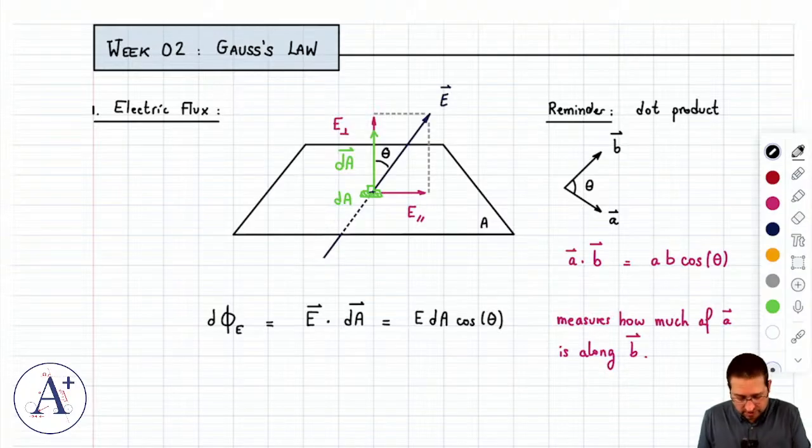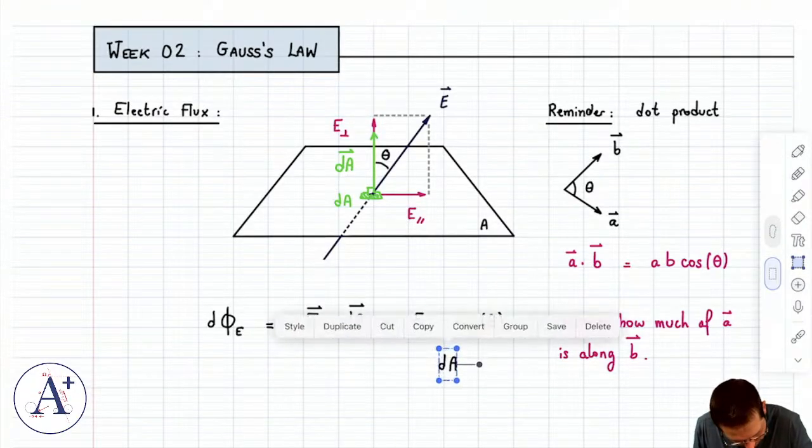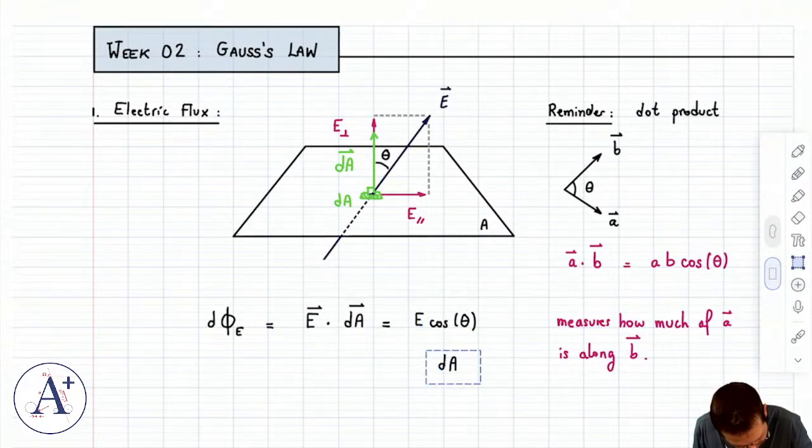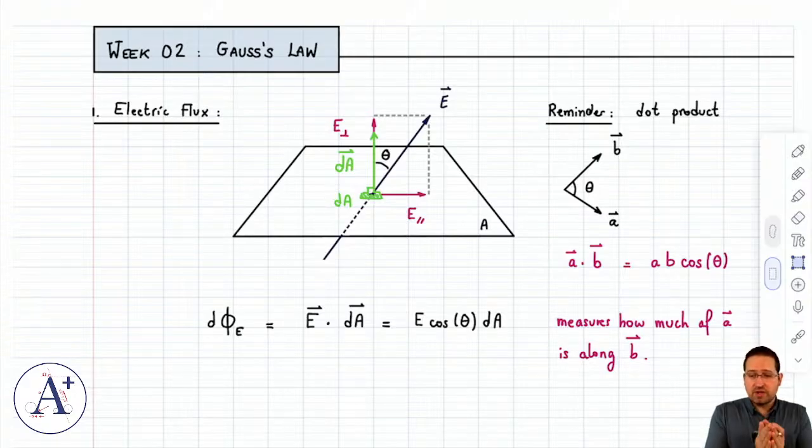Right? That's just the application of this formula. Now, we don't usually write it this way. We tend to write it E cosine theta dA. It doesn't really matter. But we like putting dA at the end because once we integrate, it makes a lot more sense. Okay, so this is flux going through the small area dA.